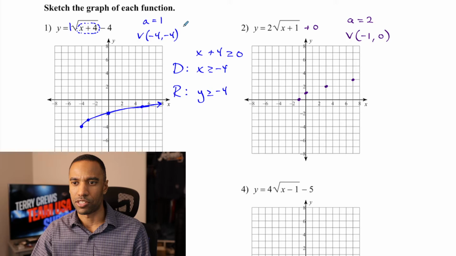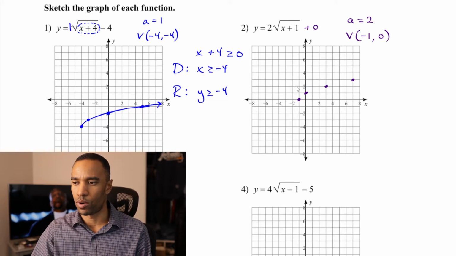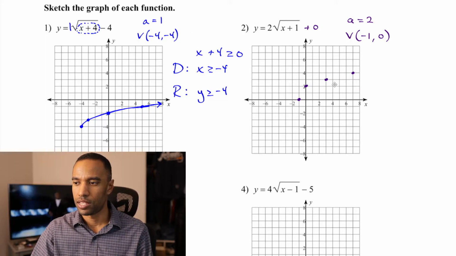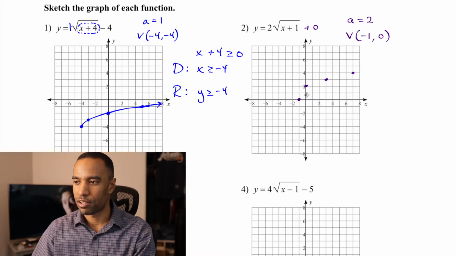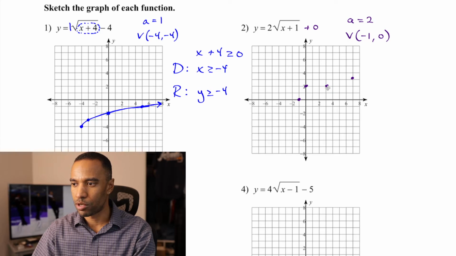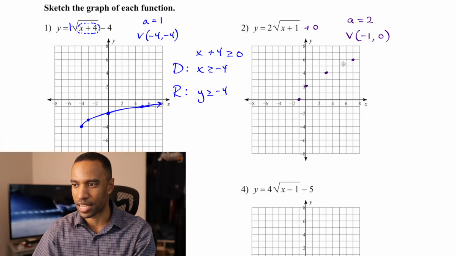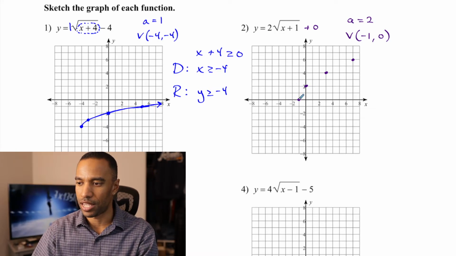We have to double the heights. So instead of 1, 1, it's going to be 1, 2. Instead of 4, 2, it's going to be 4, 4, double that height. And instead of 9, 3, it's going to be 9, 6. So everything is doubled in height from there.